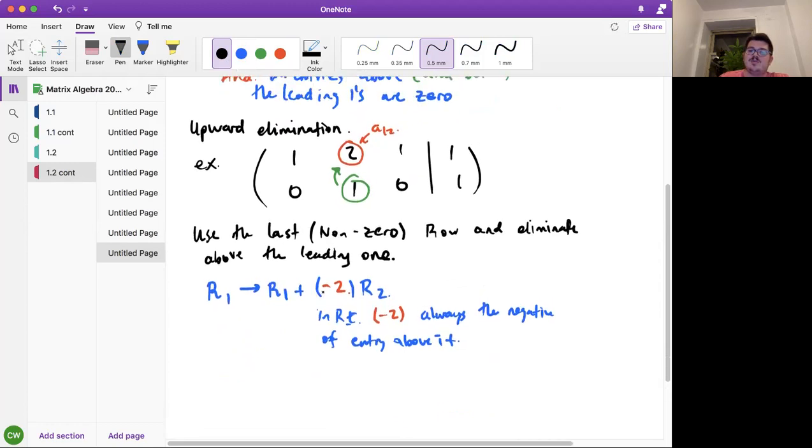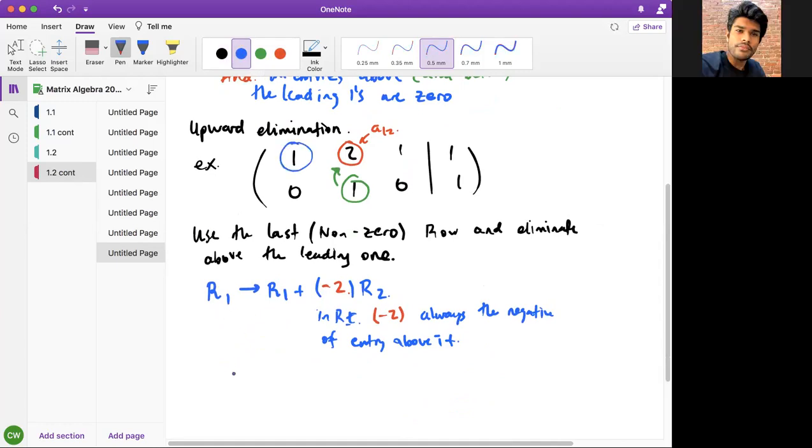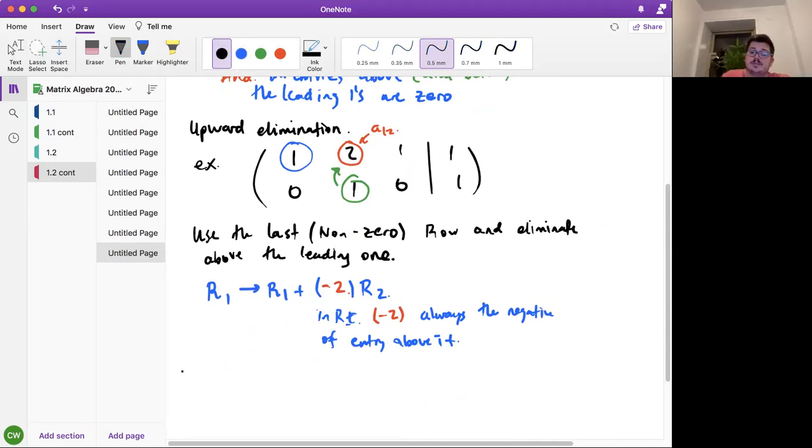Okay, and now what's nice about this is, does this entry change? Both the first and the third wouldn't change, right, because of leading zeros, the first column does not change.